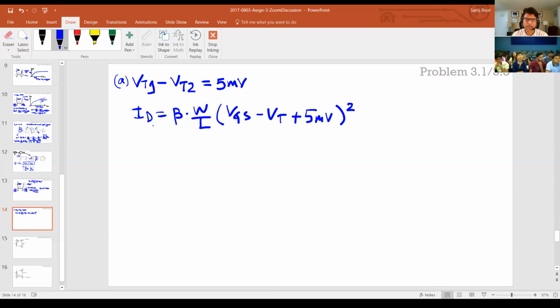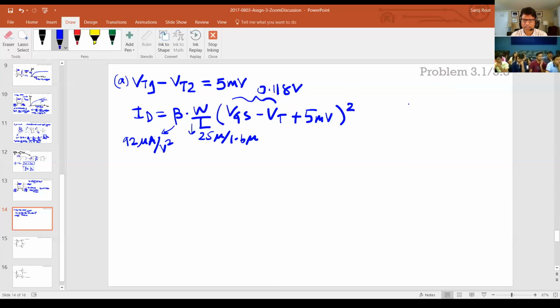So that will be the current flowing into the 20 microamp leg, because I know this VGS minus V effective, which we calculated to be 0.118 volts. We know the W over L, that was 25 micron by 1.6 micron. Beta is from table 1.5, which was 92 microamp over volt square.